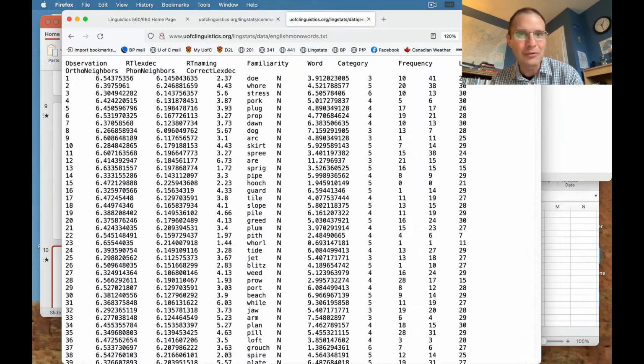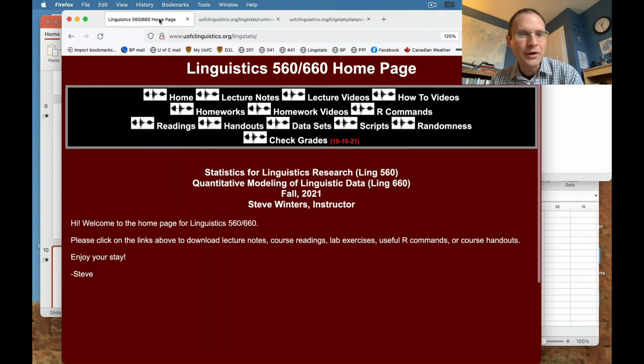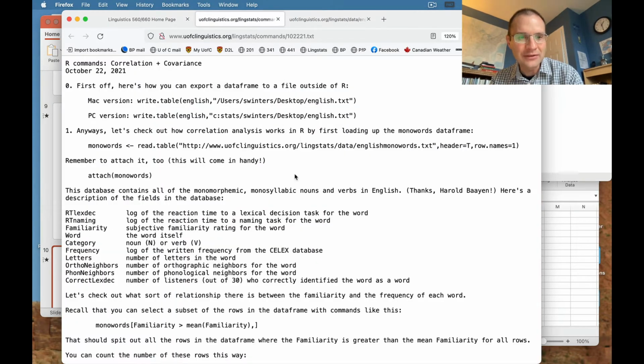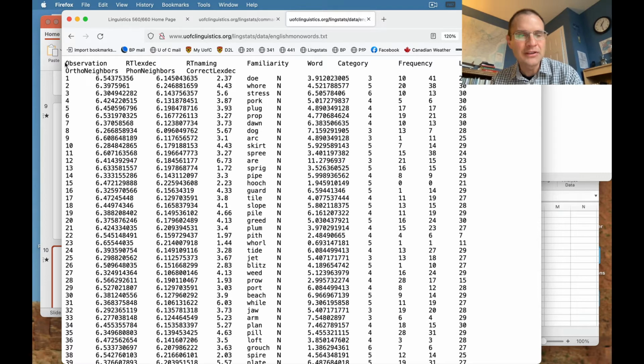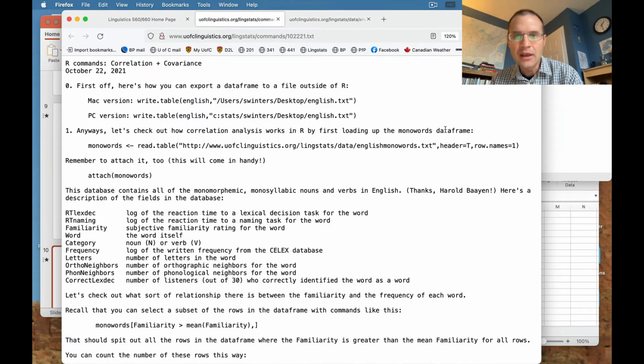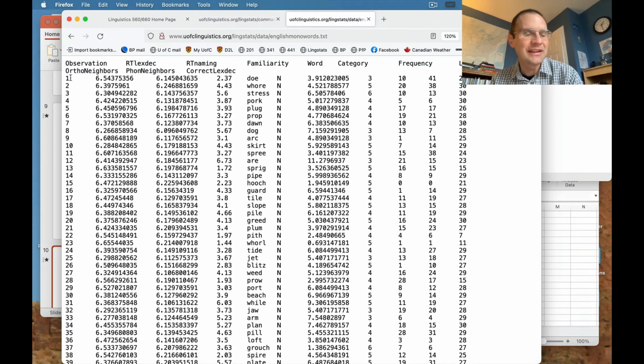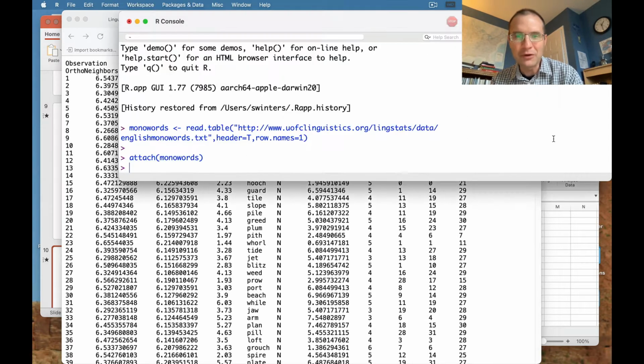I don't do it anymore, but if you do, one thing you can do when you load that data into your R console is that in addition to this part of the command, which specifies that this first row is just a header of variable names, you also can use this command, which says row.names equals 1, which means that these are just unique identifiers for each row of data in your data frame. So nothing really important is going on there.